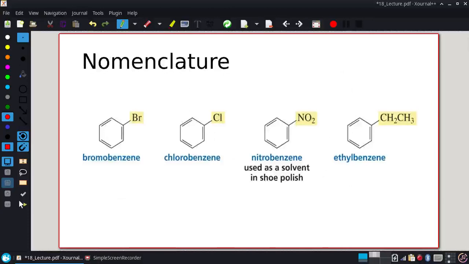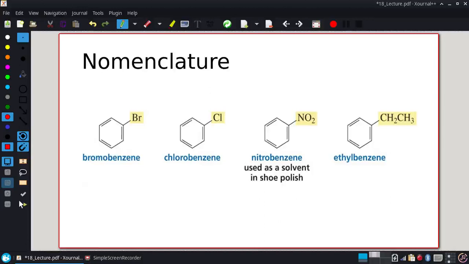Now, when it comes to nomenclature, we've seen quite a bit of this, and the most complex part of nomenclature on benzene is there's a big use of common names, being IUPAC, for our common substituents added to a benzene.